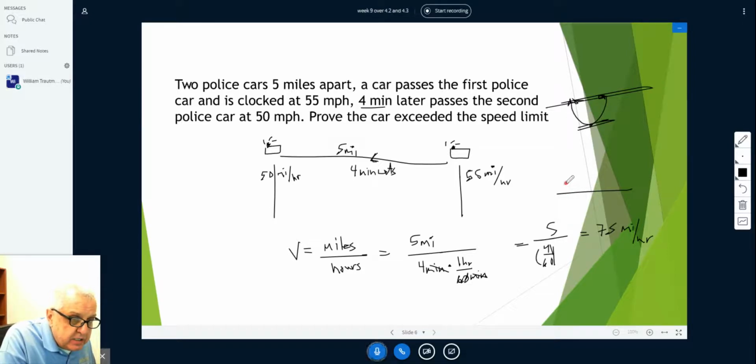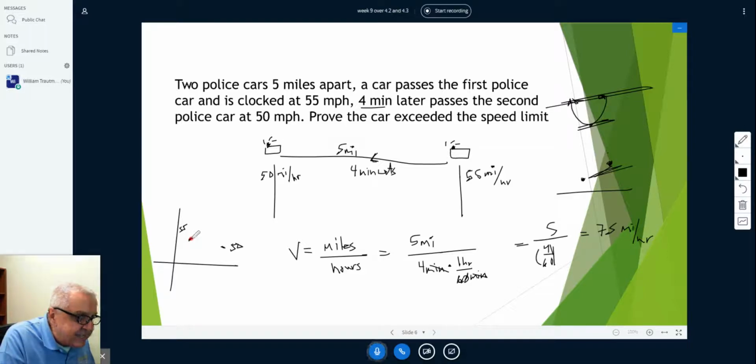Now, this is basically a graph of what we're talking about. Let me try to draw it over. Yeah, right here. Let's say I'm going 55 miles per hour, and then he clocks me at, well, I got to go from left to right. It's probably easier if we're looking at a graph. So he clocks me at 55 miles per hour, and then he clocks me at 50 miles per hour.